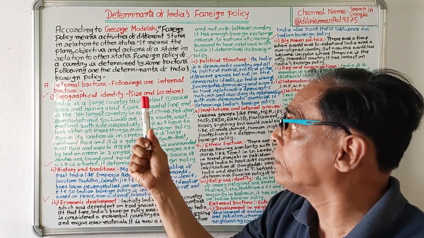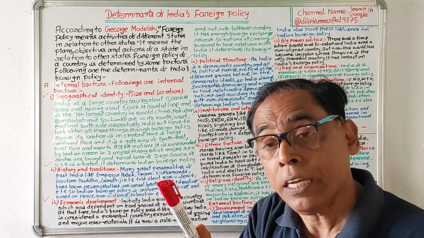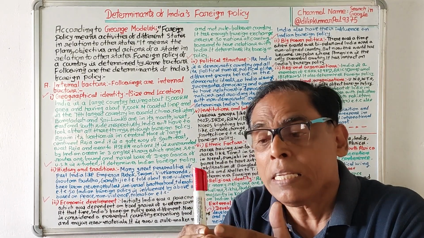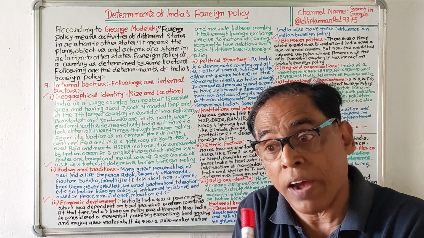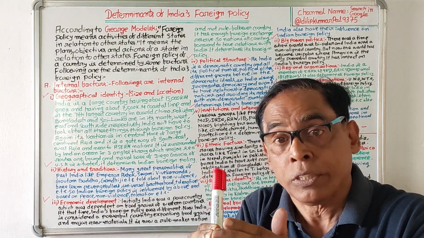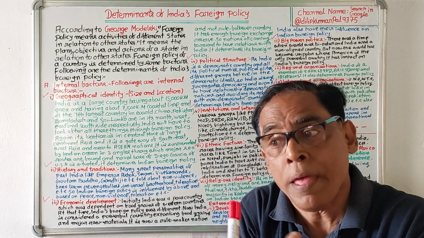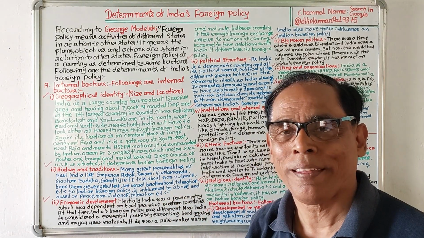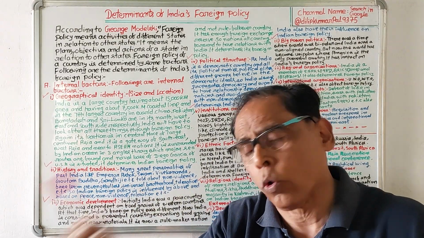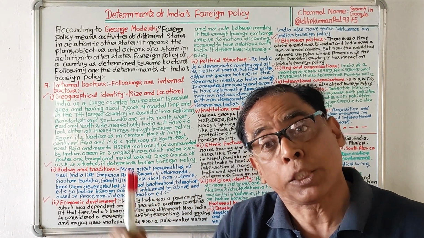Geographical identity means size of the country and the location of the country. India's foreign policy is determined by its geographical identity. It includes size of India and the location of India. So how do the size and location of India determine India's foreign policy?